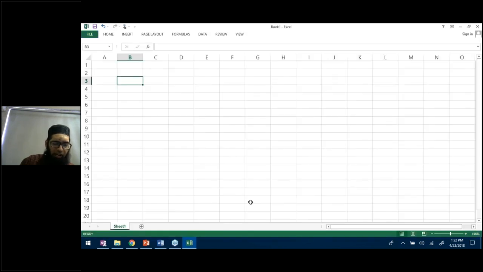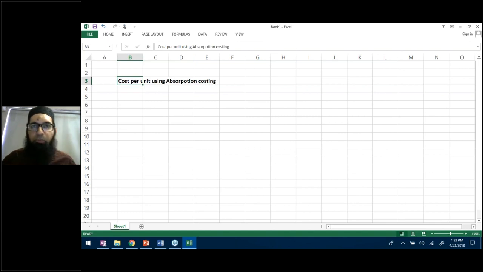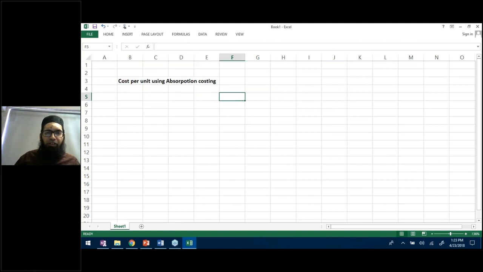That means I will be calculating cost per unit using absorption costing, right? So let's make it bold. Now there will be three different types of product: product X, product Y, and product Z. And I will be working out in dollars.